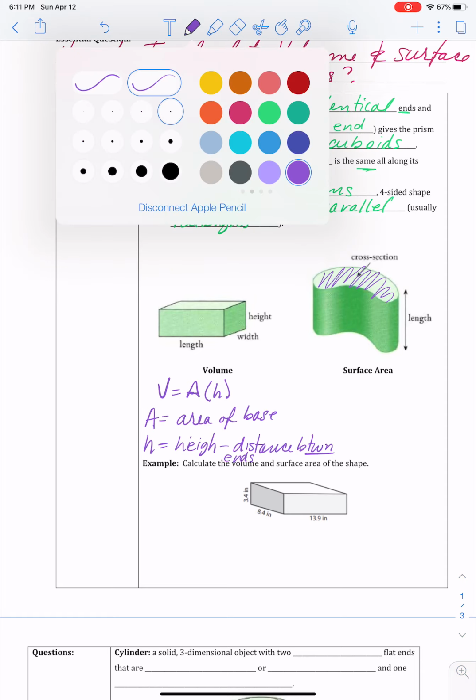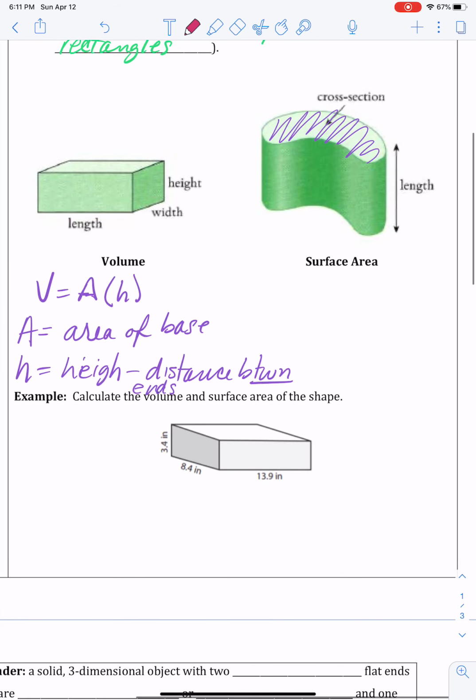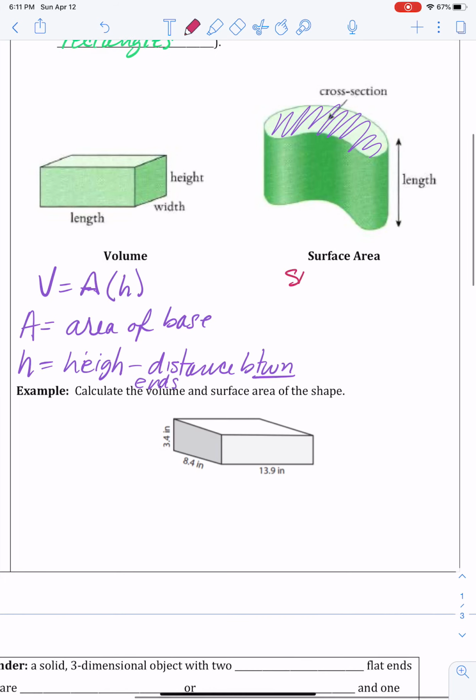To find the surface area of the same things, cuboids and prisms and cylinders, surface area is 2 times the area of the base plus the perimeter of the base times the height.